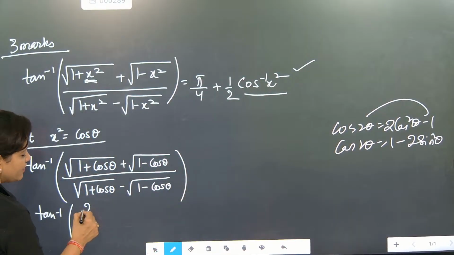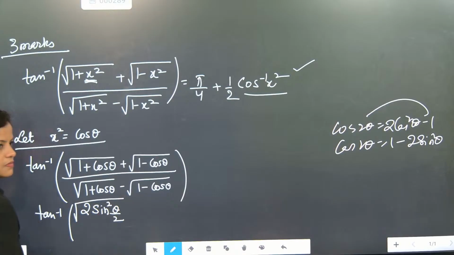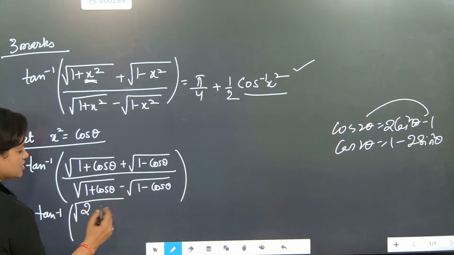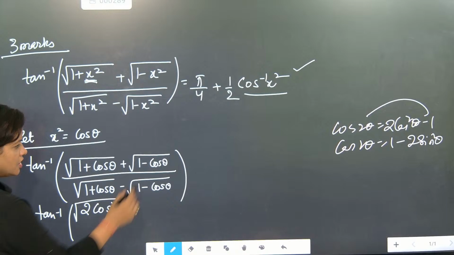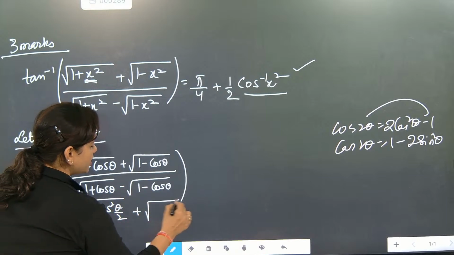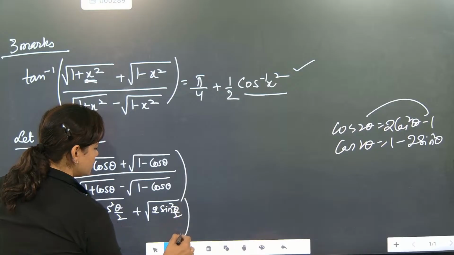It will become 2 sin square theta by 2. Plus is there, it will become cos. Understood? Now here it will become 2 root under 2 sin square theta by 2.